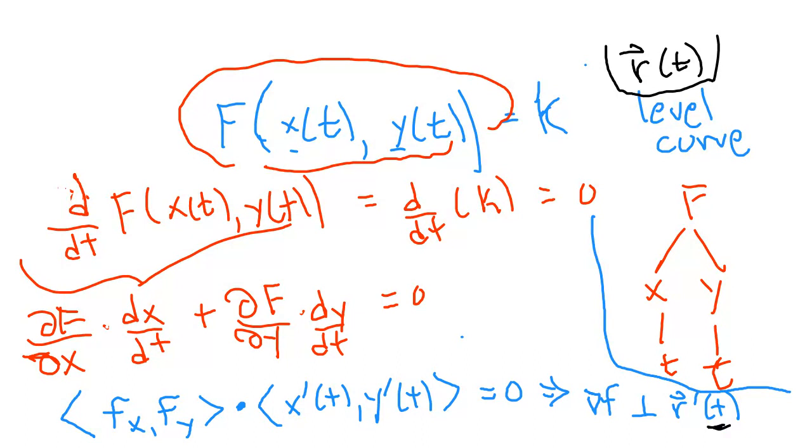And the gradient of the function at that point is perpendicular to the level curve at that time t. But essentially, that's just saying that the gradient of the function at that coordinate xy is perpendicular to the level curve at that coordinate xy.